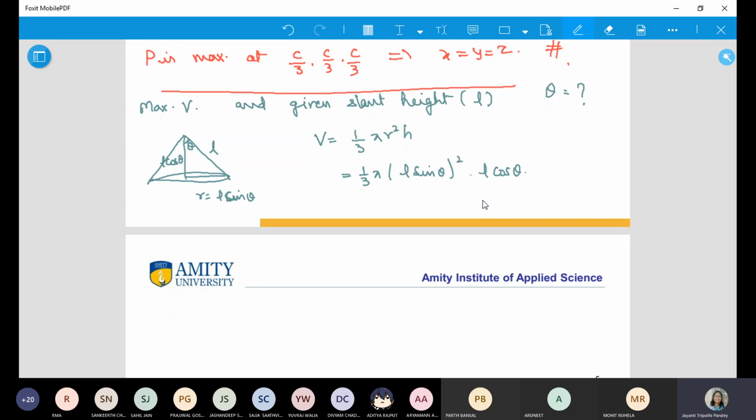Now luckily this is in one variable, and that variable is theta. It's a very simple question, so I don't want to continue with this. You solve it fast. It is converted to one variable because L is fixed.